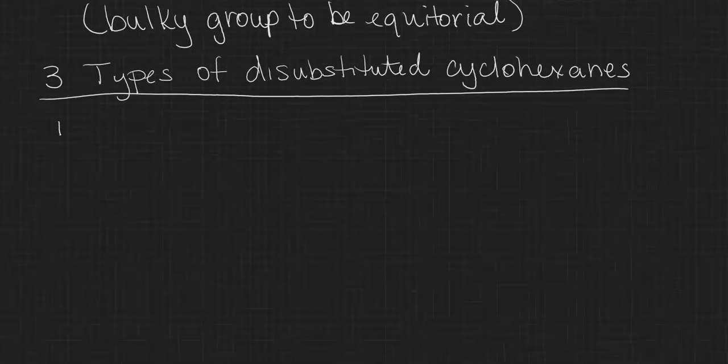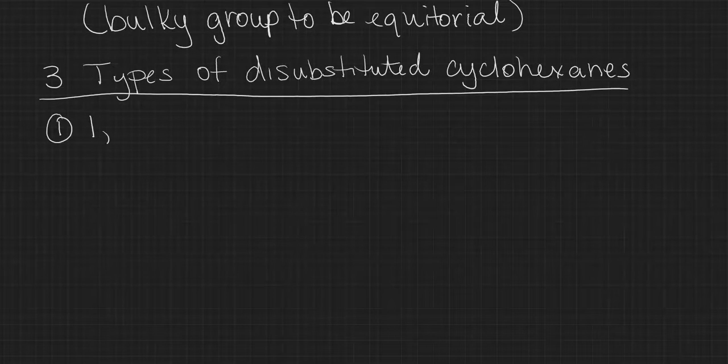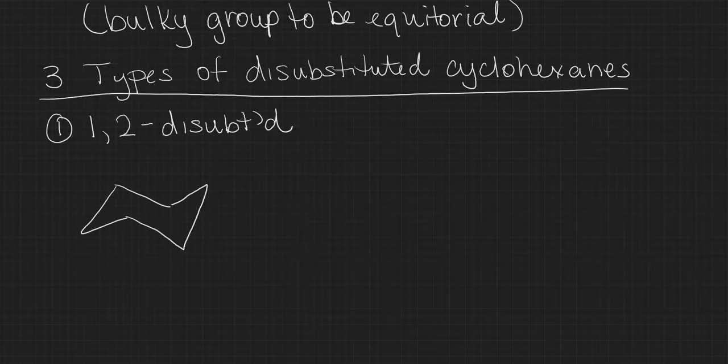The first one we're going to start off with is the 1,2 disubstituted. With the 1,2 disubstituted, we can have our substituents in different positions. And that's what we want to look at.